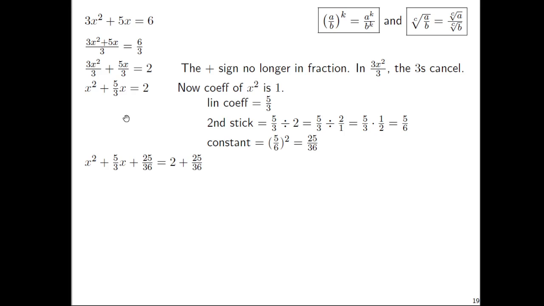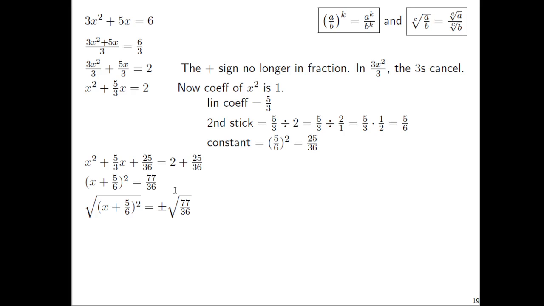Then the left side is going to factor as x plus the second stick, squared. You should check the right side. I will maybe not bother with all the details here, but we should end up with 77 over 36.